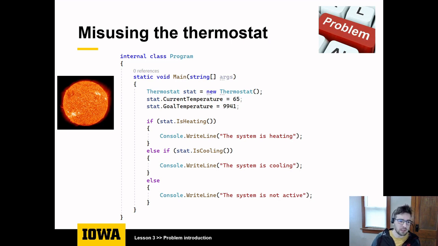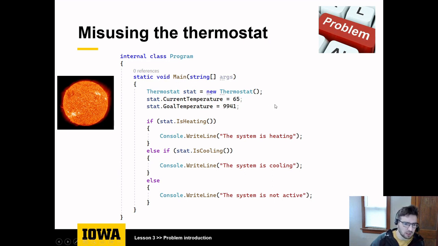Maybe they're using some other unit of measuring temperature. And 9,941 is a perfectly comfortable temperature, in their unit. Whatever they're using. So get creative, because things like this happen where values that don't make sense for what we're trying to do end up being used in the program.